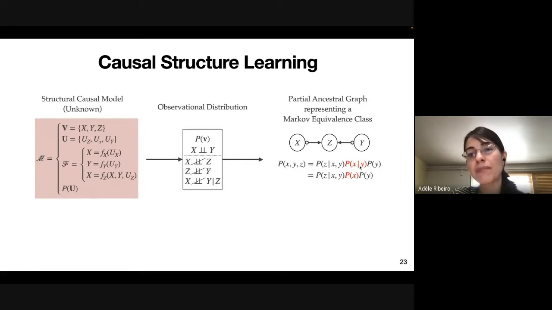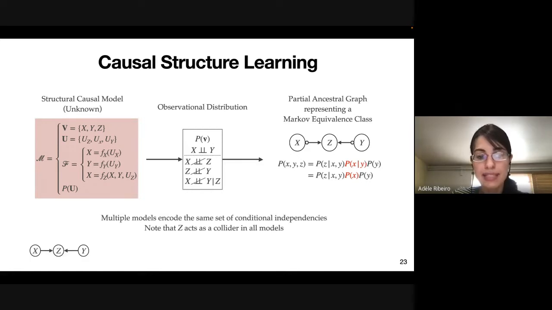But every time that I'm simplifying some terms of this factorization, I have to rely on conditional independencies in the data. So I can replace P(X given Y) with P(X). And this is just a way of representing all the diagrams in this equivalence class.